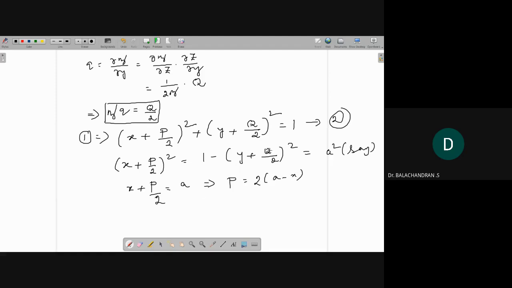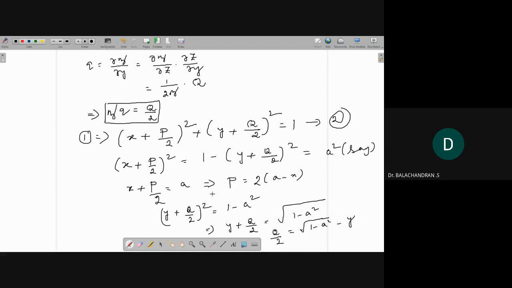Similarly, from this, y plus capital Q by 2 whole square equal to 1 minus a square. So from this you have y plus capital Q by 2 equal to root of 1 minus a square. I need capital Q. So capital Q by 2 equal to root of 1 minus a square minus y.